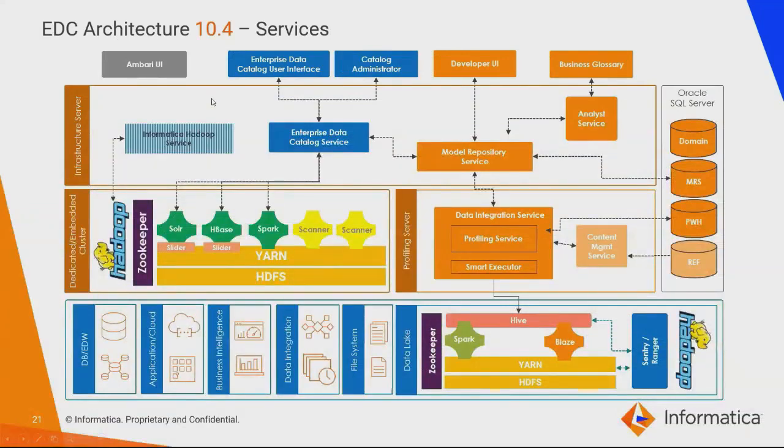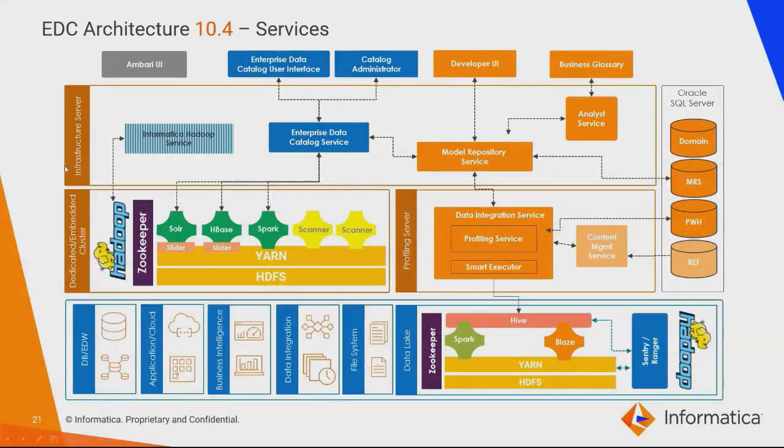So the architecture that we had in 10.4 included the platform services, the model repository service, the analysis service for the business glossary if you are not using Axon, the enterprise data catalog, and eventually the Informatica Hadoop service, which corresponds to the embedded cluster.